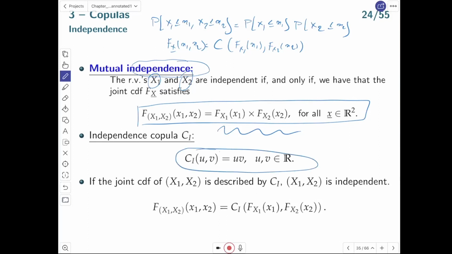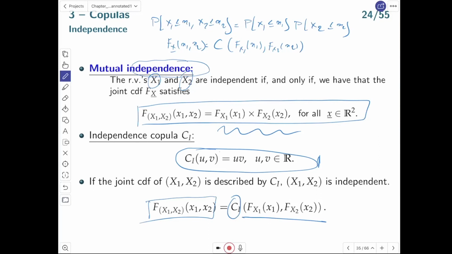So if I take two marginal CDFs F_X1, F_X2 and use this copula function C, then the joint CDF is given by this copula function C applied on the marginal CDFs. That just gives you the product, right? I hope that you can see that.